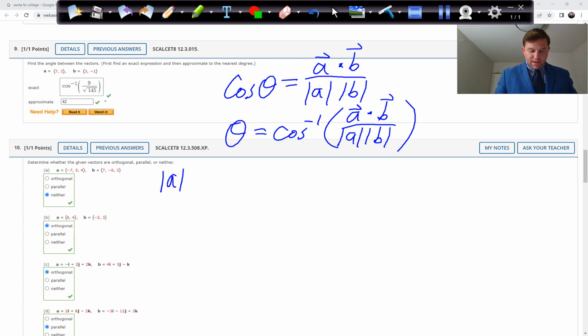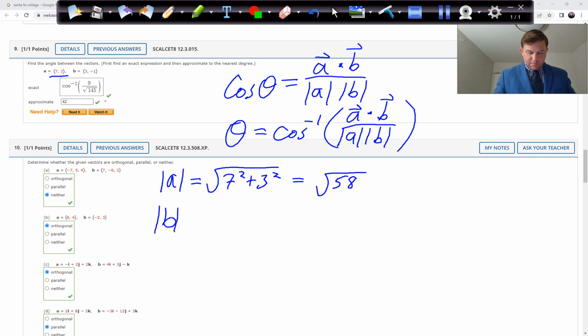So the magnitude of a is the square root of a's components, 7 squared plus 3 squared, which is the square root of 49 plus 9, which is 58. The magnitude of b, which is the square root of 3 squared plus minus 1 squared, is the square root of 9 plus 1, which is the square root of 10.